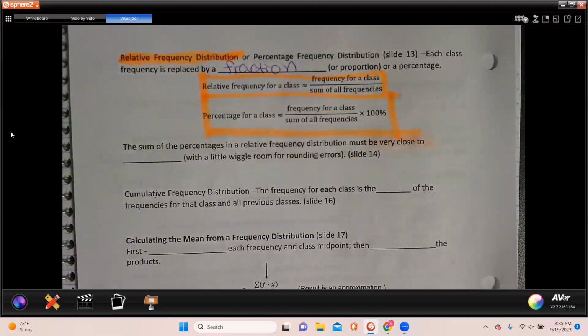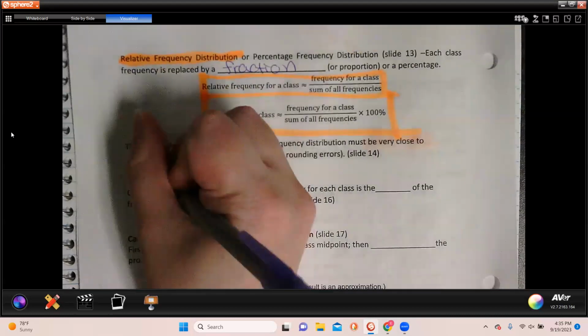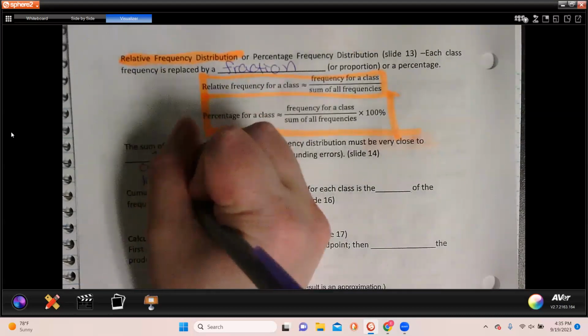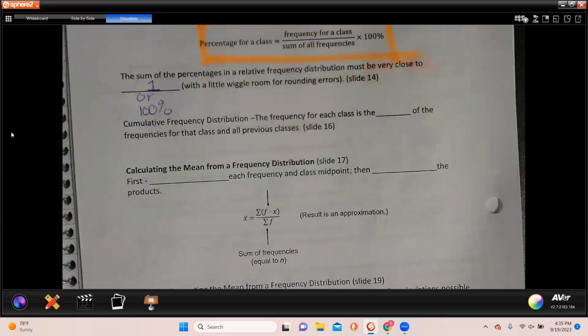Okay, so relative frequencies should be a fraction or a percent, but nothing else. The sum of the percentages in a relative frequency distribution must be very close to 1 or 100%. So 1 if it's fractions, 100% if it's percents. You get a little bit of wiggle room because you get some rounding error. Okay, so it's as close to this as you can get.